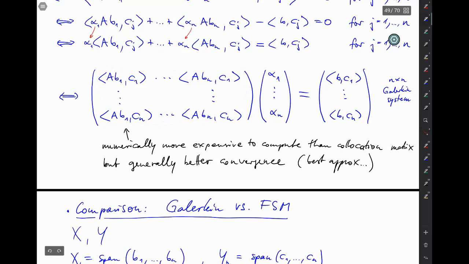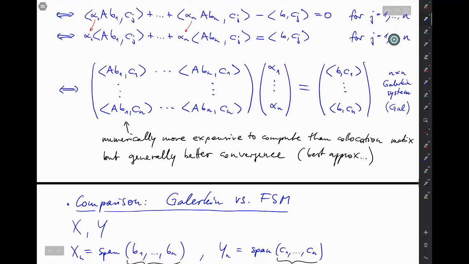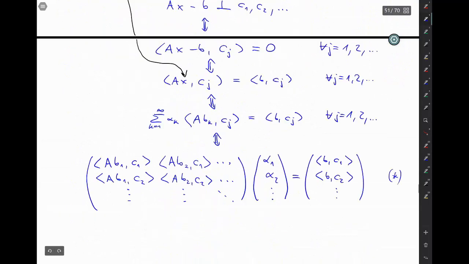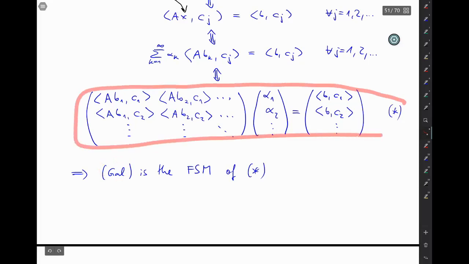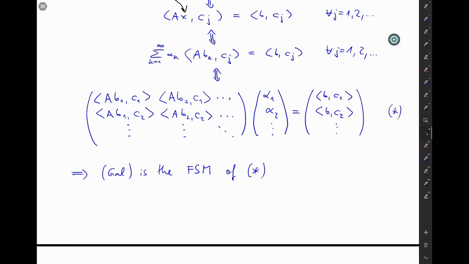So let me label this one by G, or maybe by GAL for Galerkin. Then we can say that the Galerkin system is just the FSM of the infinite system that we denoted by star here, but that in the end is nothing but the original equation Ax equals b.